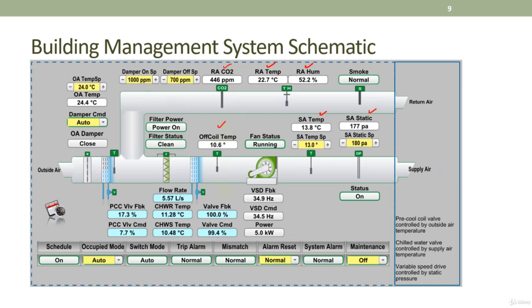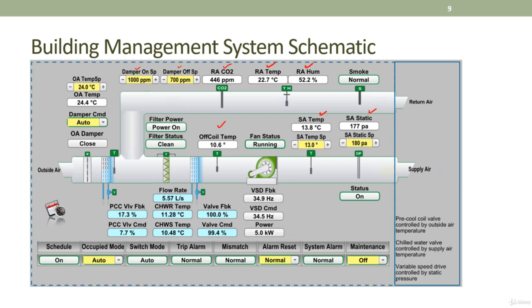All these are from your various sensors. Those in yellow are the set points that the users can set. Of course, this is for this particular BMS vendor. Different vendors will have slightly different looks, color schemes, and graphic themes, but all in all it is usually like that.